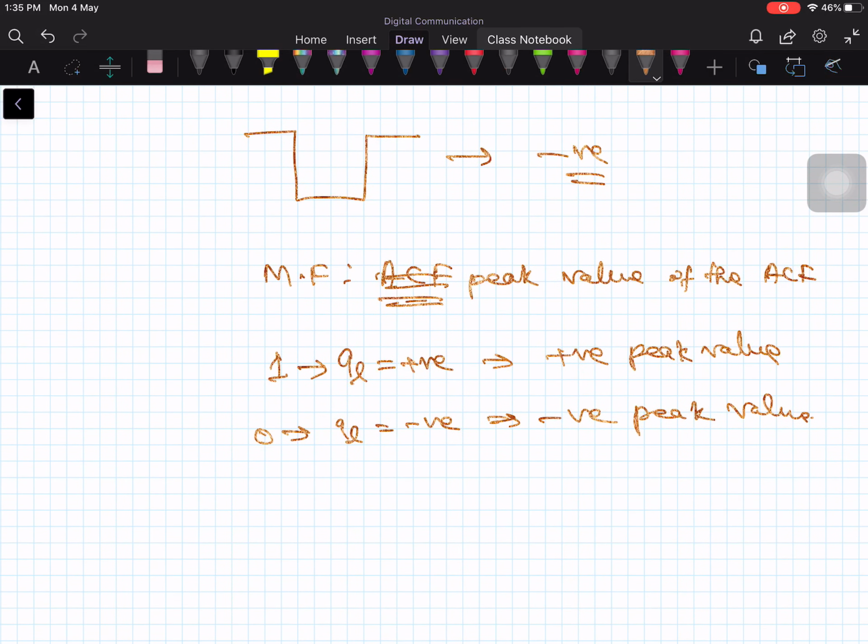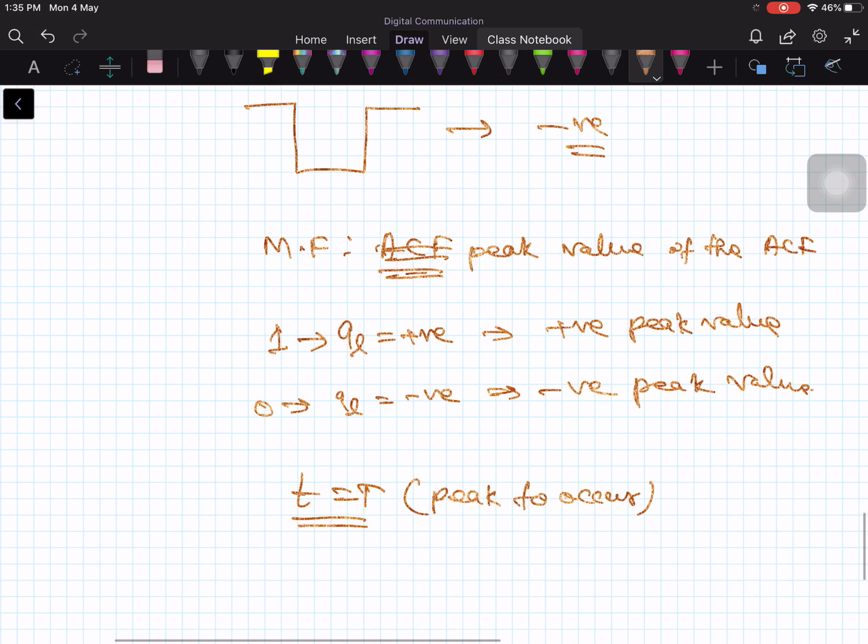Now I want the peak to occur at t equal to capital T. So this is the point at which we want the peak to occur at the end of every pulse interval, symbol interval. So the impulse response in the matched filter should be, in that case, s of capital T minus small t.